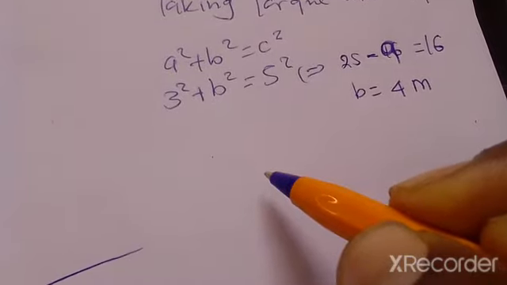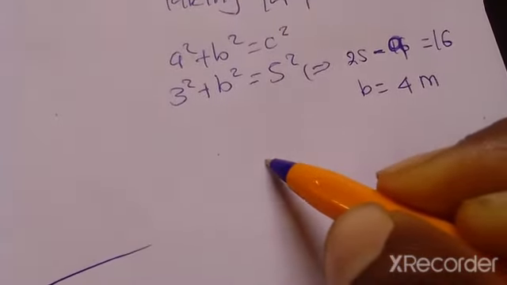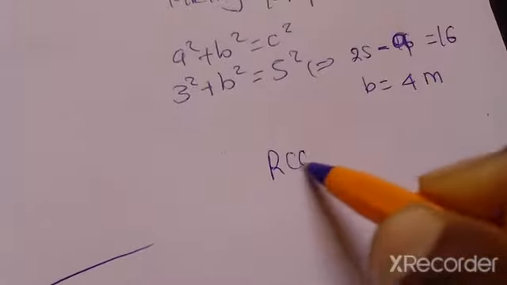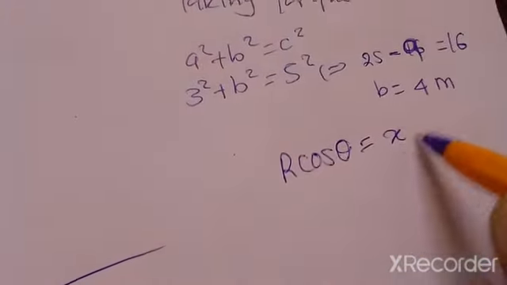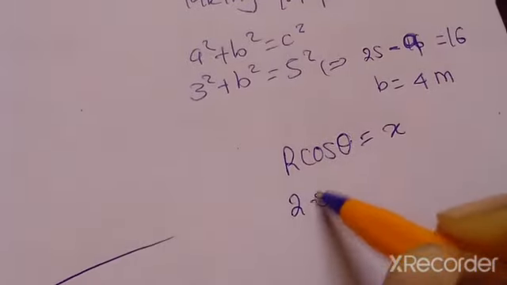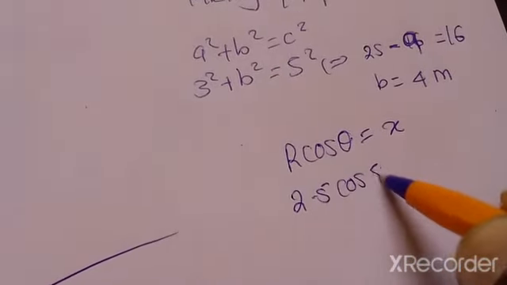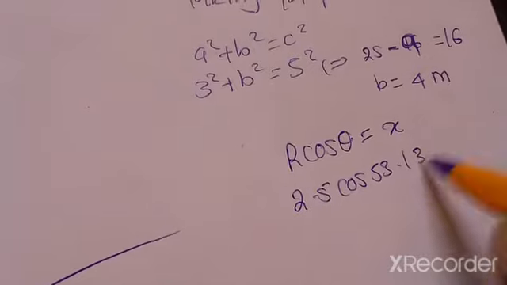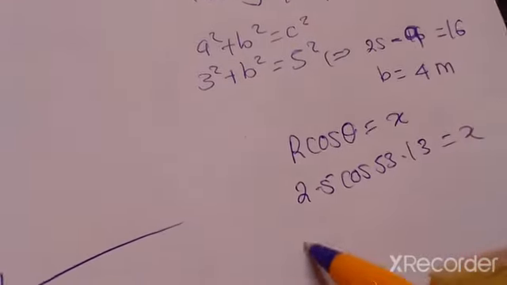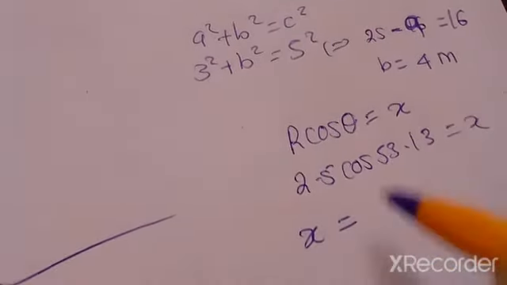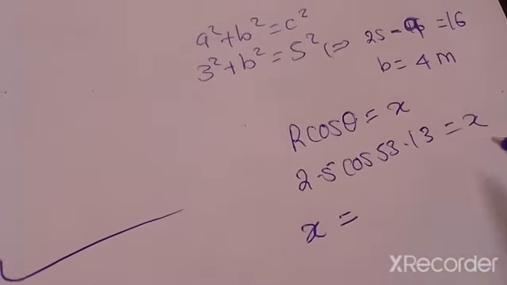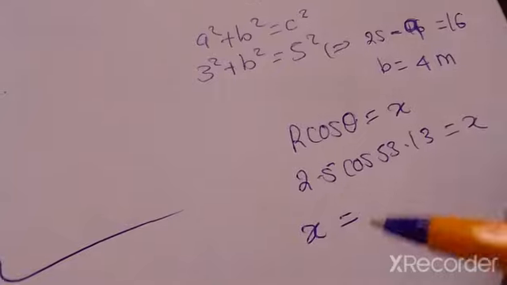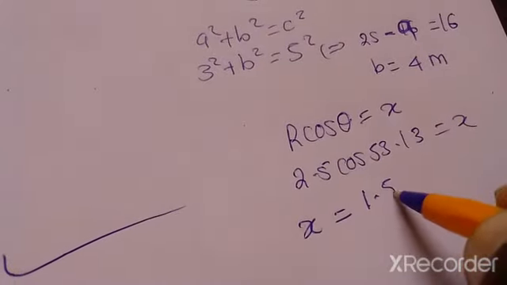So we can simply use the formula for the cos function. We're going to say r cos theta is going to be equal to x. All right, so we're looking for x. Our r is 2.5 cos 53.13, and that will give us x. So x is equal to 2.5 cos 53.13, which is going to give us 1.5 meters.